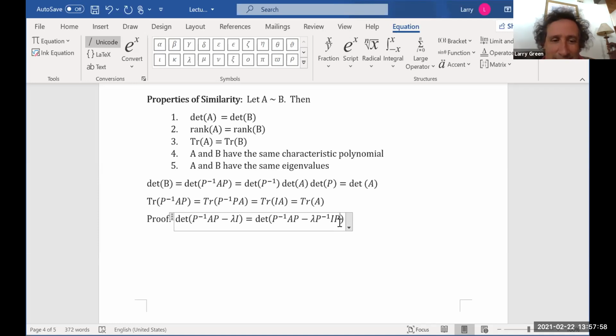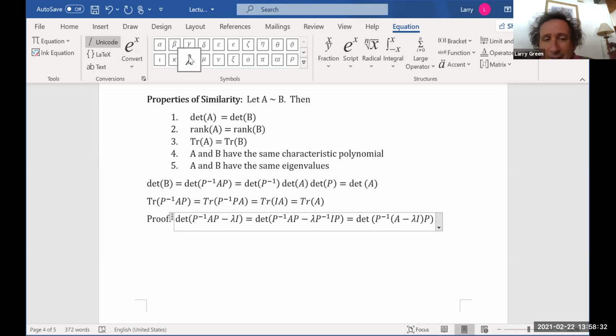Okay, now the reason I did that is now I can factor. I can factor on the left a P inverse and on the right a P. So now I could say this is the determinant of P inverse times A minus lambda I times P. Does everyone understand what I just did?